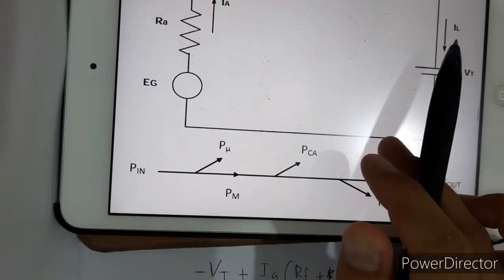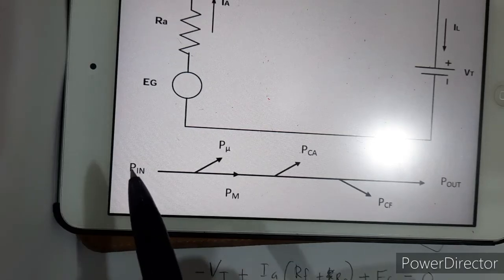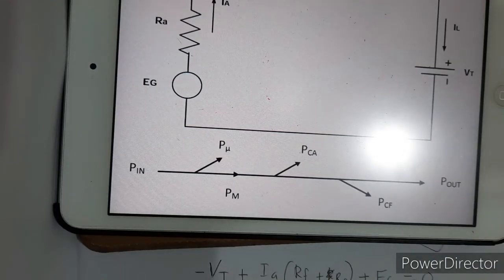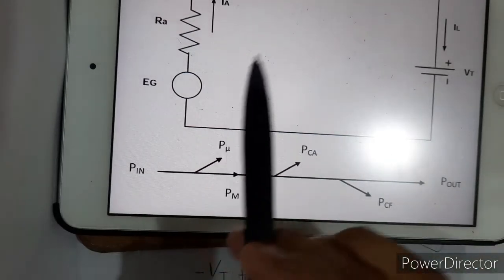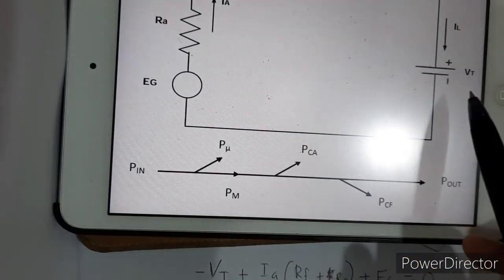For series DC generator, how do we get the P in? You have to remember that this represents the generator, and this represents the terminal line.